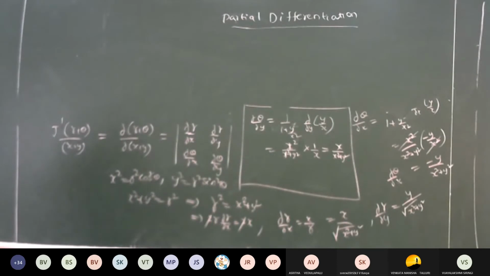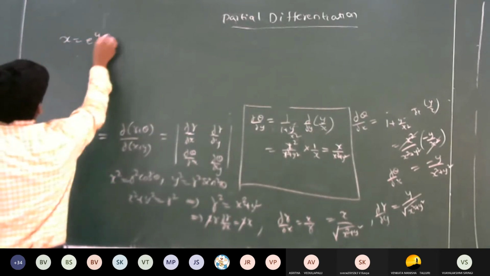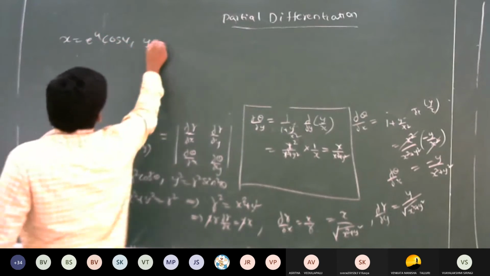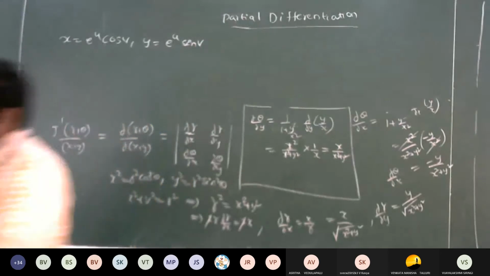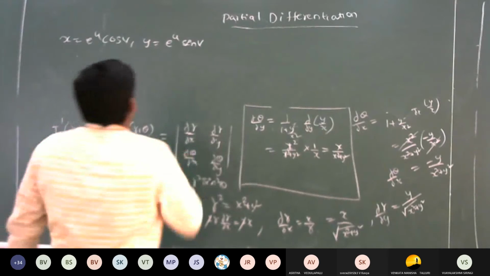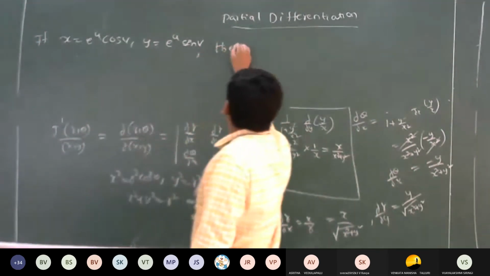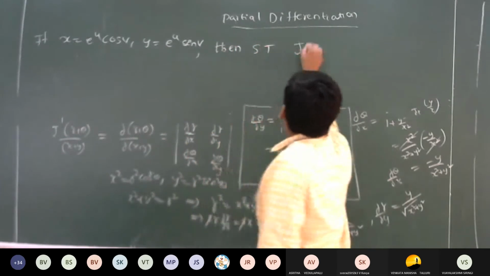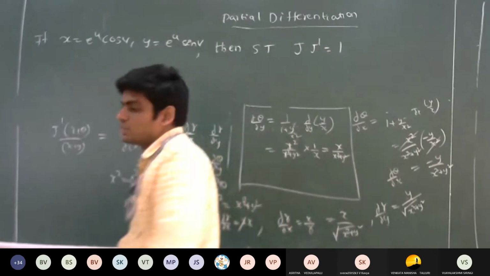So x is equal to e power u cos v, y is equal to e power u sin v. Show that J into J dash is equal to 1.